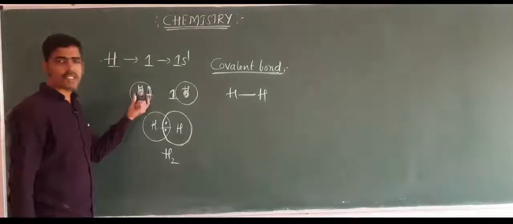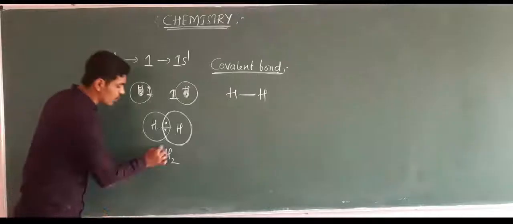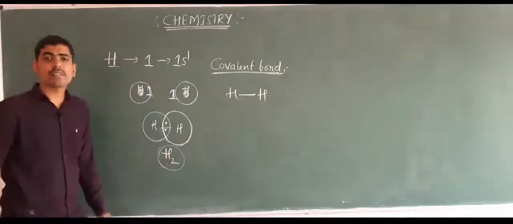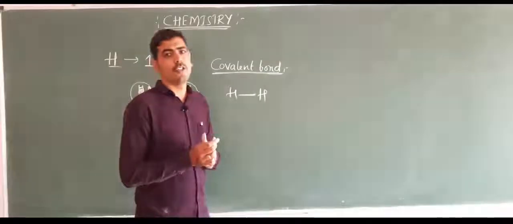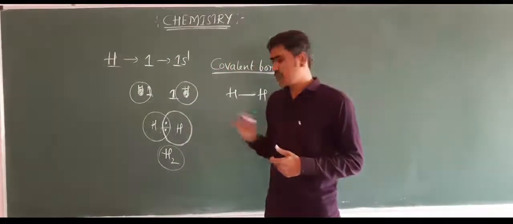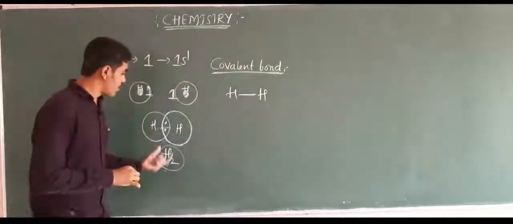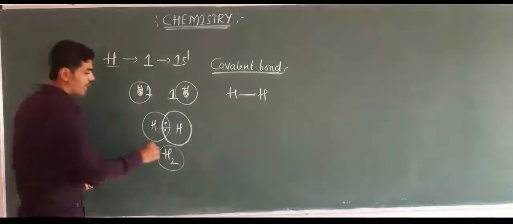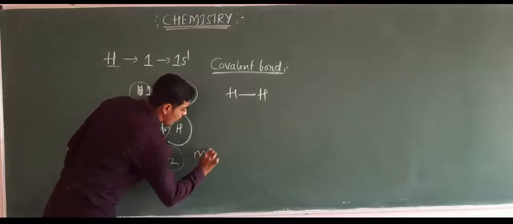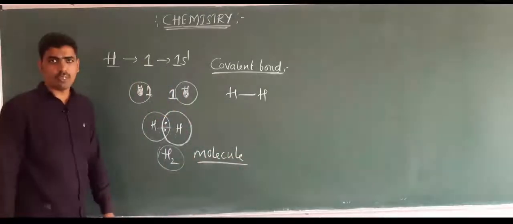ಓಕೆ, now this will lead to the formation of H2. ಫಸ್ಟಿಗೆ ಏನಿತ್ತು, ಇದು H ಅಂತಿತ್ತು, ಇದು H ಅಂತಿತ್ತು, ಈಗ ಏನಾತ್ರಿ H2. The two atoms are combined to form the stable form of the compound, and hence this combined form of atoms is said to be a molecule. ಇದಕ್ಕೆ ನಾವೇನಂತ ಹೇಳ್ತೀವಿ, ಮಾಲಿಕ್ಯೂಲ್ ಅಂತ ಹೇಳ್ತೀವಿ.